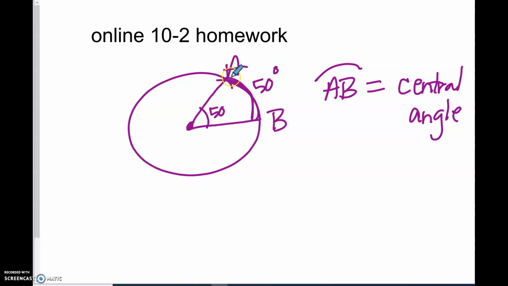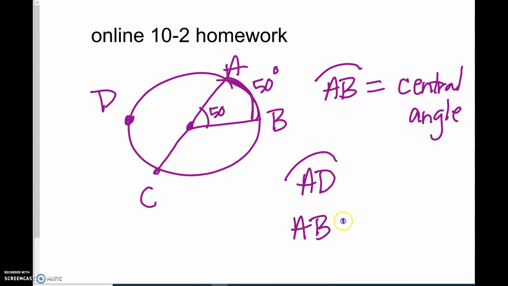Now if I continue this on and just put, let's just say C here, and I put D over here. There's a difference between saying AD and going from A to B to D. Whenever you have 2 letters, you absolutely positively must go the shortest distance, so that we would be talking about a minor arc if we're talking about 2 letters.